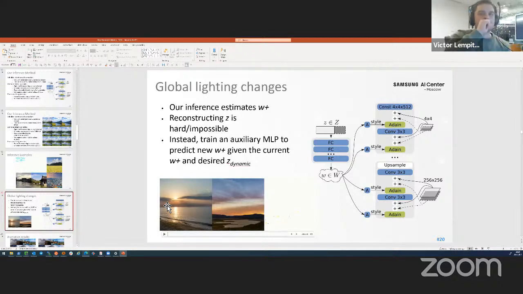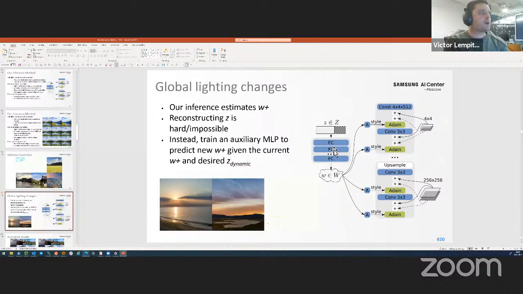We can just smoothly change the dynamic variables in the Z part, but the thing is we cannot recover Z from W, because inverting this perceptron part is hard. We tried to learn a network which would invert it, and it doesn't learn.